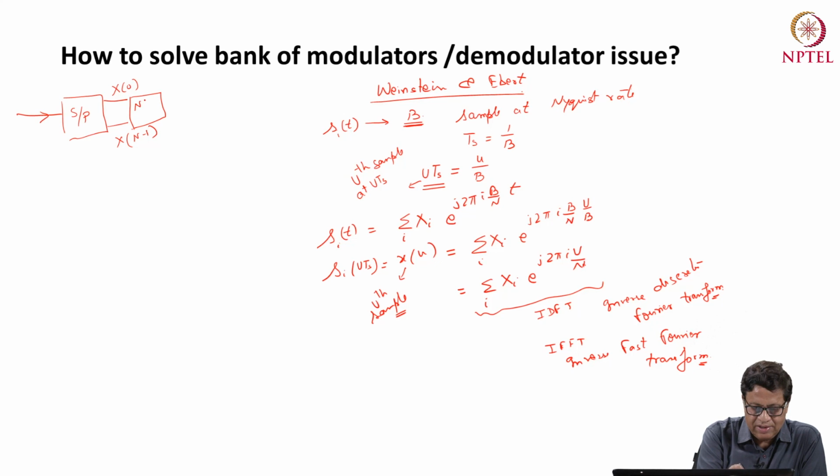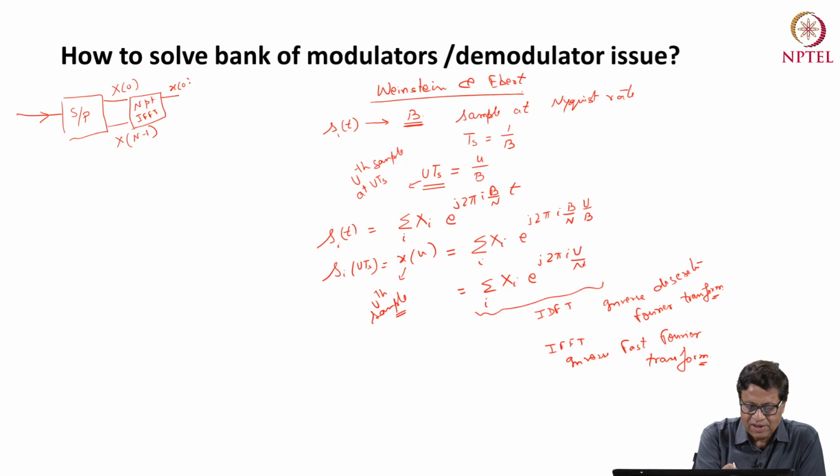This is N-point IFFT. Still it is not complete OFDM, but we will add some more things to make it complete OFDM. So this is N-point IFFT, and then you get these samples.